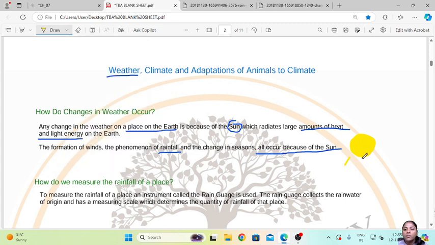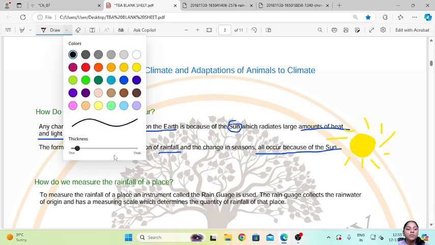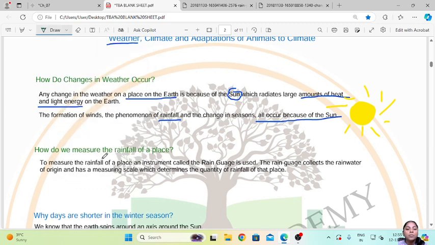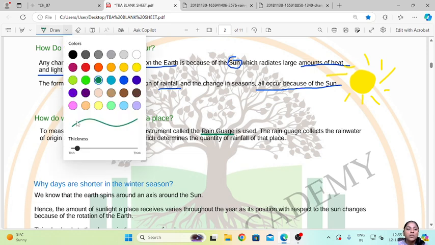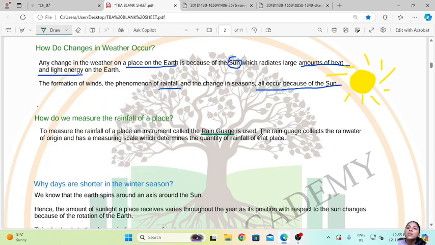Now we have talked about the phenomenon of rainfall. So how do we measure rainfall? To measure rainfall of a place, an instrument called a rain gauge is used. A special instrument called a rain gauge is used to measure the rainfall of a place.